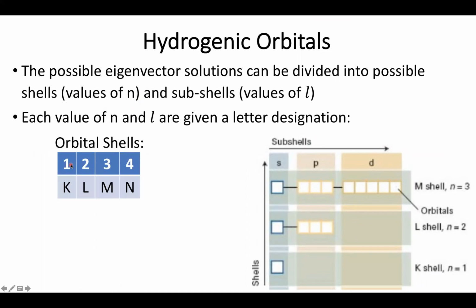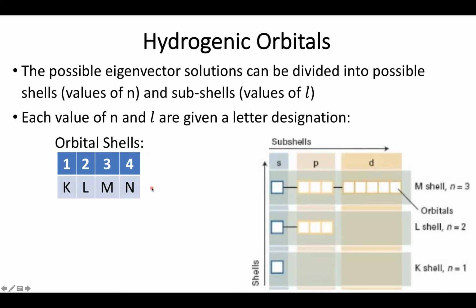The lowest energy shell, the first shell, is denoted by a capital letter K, followed by L for the n equals 2 state, and M for the n equals 3. From here on, it goes alphabetically: 4 would be N, 5 would be O, 6 would be P. Again, it's important to note that all of these make use of capital letters.